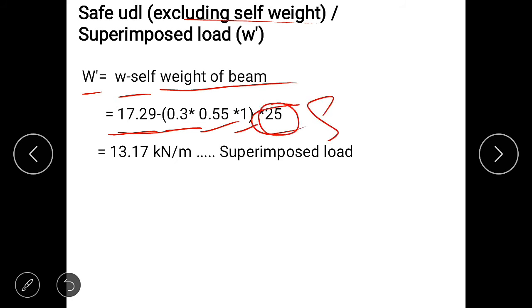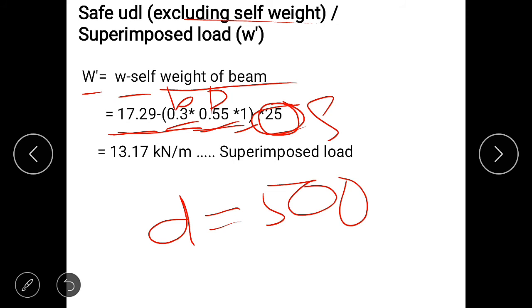So it is 25, B is 0.3, meaning 0.3 meter, and overall depth we have to take capital D. So capital D is 0.55, because in the example we have depth 500 mm and cover 50.